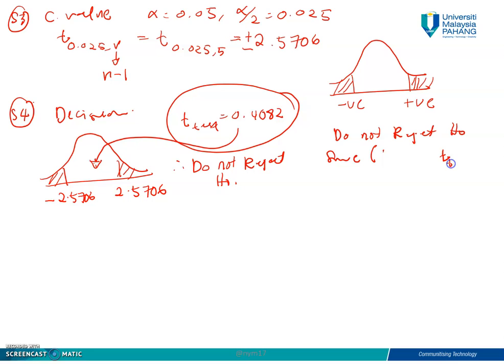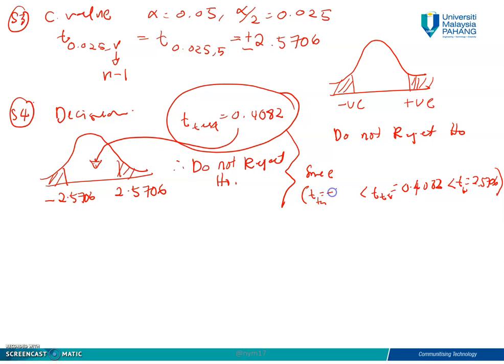Your t-test, let me write it nicely here. Since your t-test, what is the value? 0.4082 is in between the t-table values, which are 2.5706, and the other side is also the t-table, which is negative 2.5706.